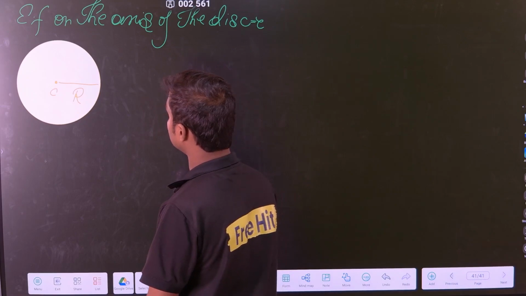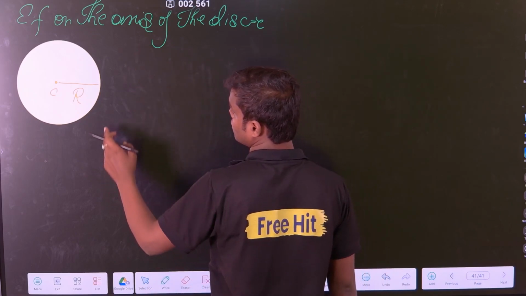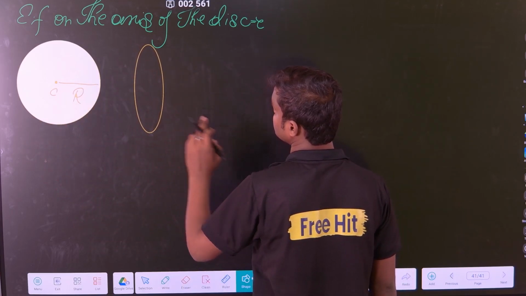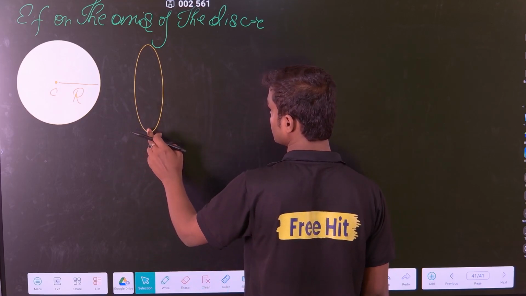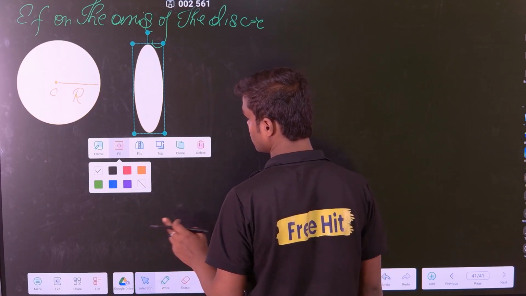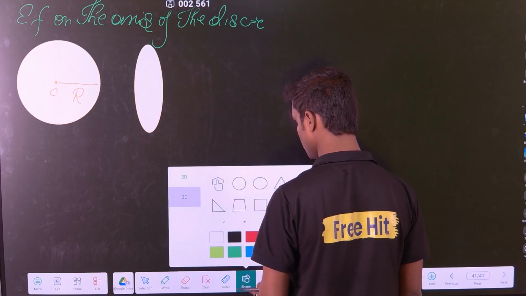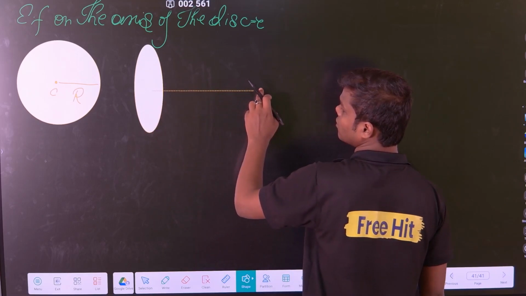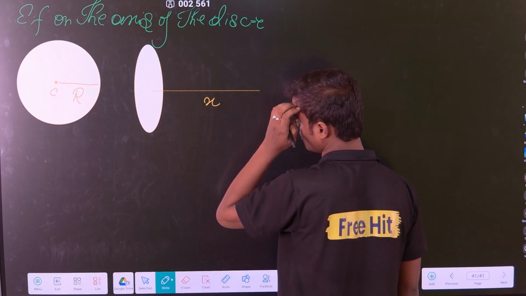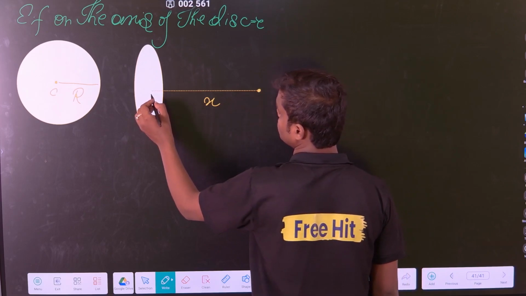Now what we have to do is take the disk, and from the center, at a distance x from the center, we have to calculate the electric field at this point.